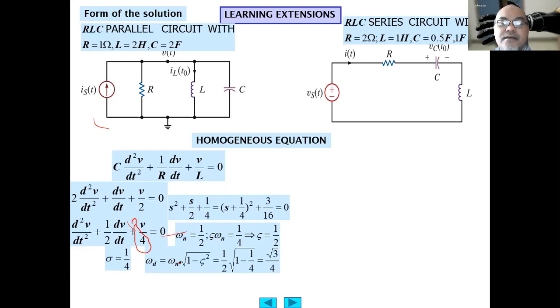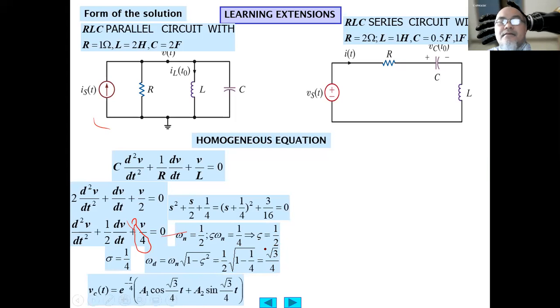So omega d equals omega n times square root of 1 minus zeta squared, or half times square root of 1 minus half squared. The value is square root of 3 over 4.